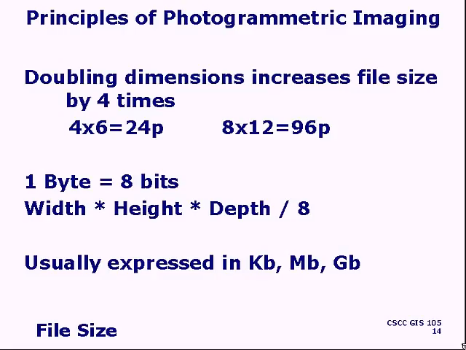So the file size is the width in number of pixels times the height in number of pixels times the bit depth. If it was true color, the bit depth would be 24, and then that would be divided by 8 to switch it to bytes.